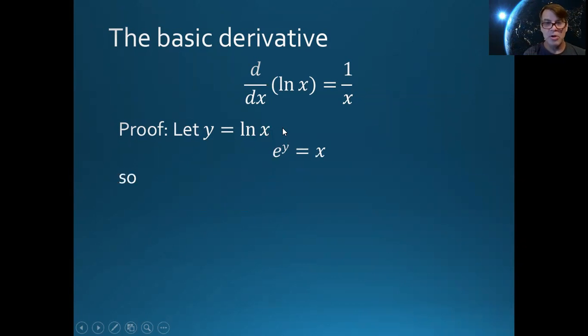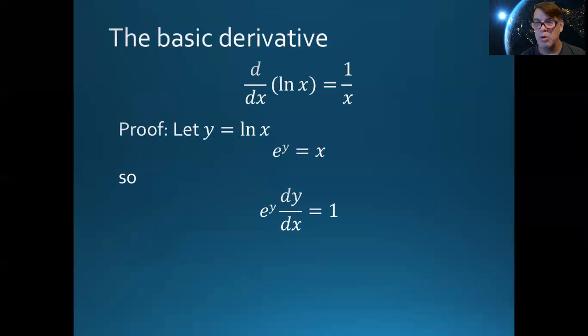Let's take the derivative of both sides. Implicit differentiation. The derivative of e to the y is e to the y times dy dx, as in earlier videos on this section. Meanwhile, the derivative with respect to x of x is 1.